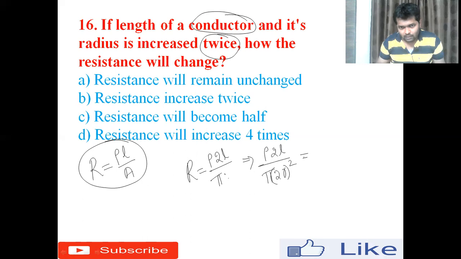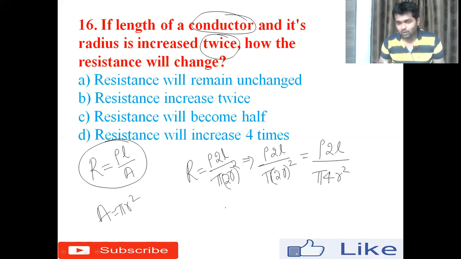Area equals pi r square, the formula. So now, rho 2L divided by pi 4 r square.